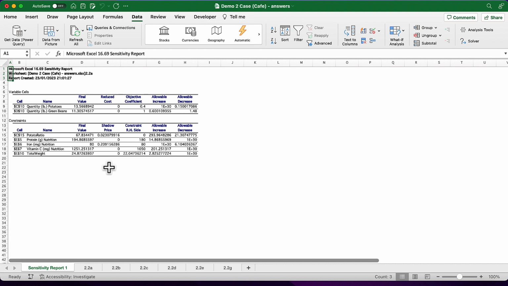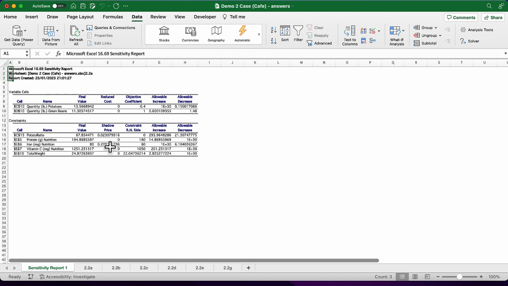From the shadow price itself, relatively speaking, between modifying the iron requirement versus the taste requirement, the iron requirement seems like a much better deal, because you can save a lot more, almost 10 times more.